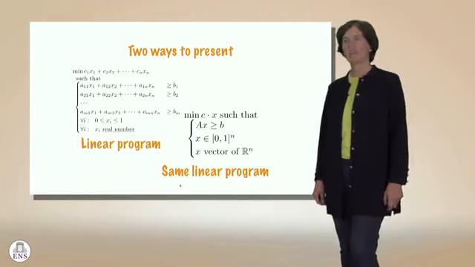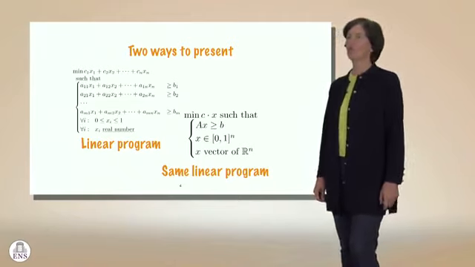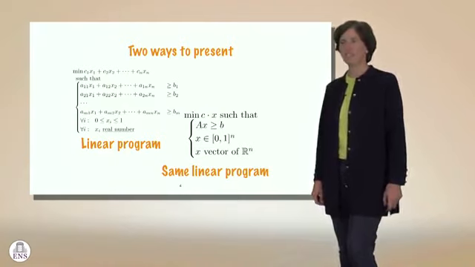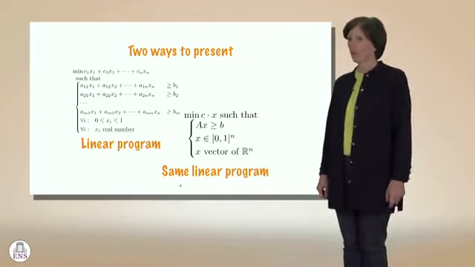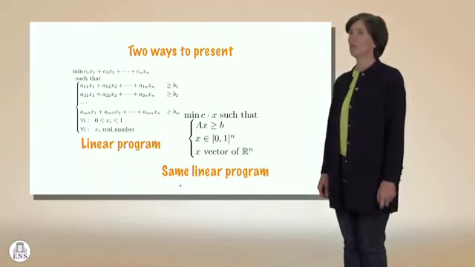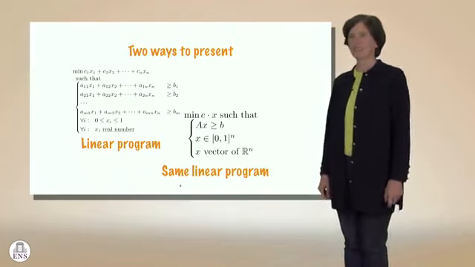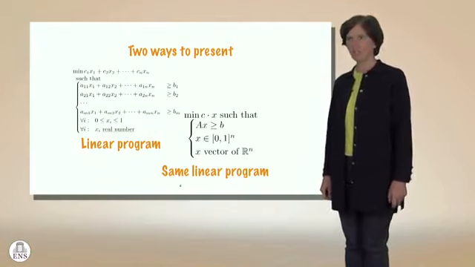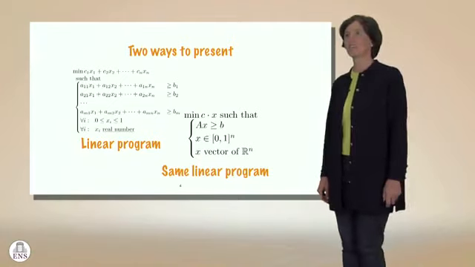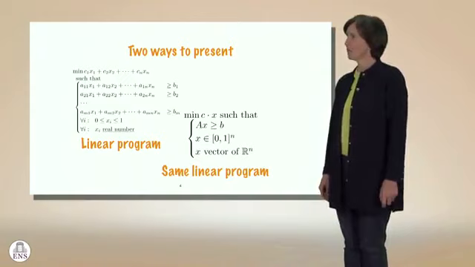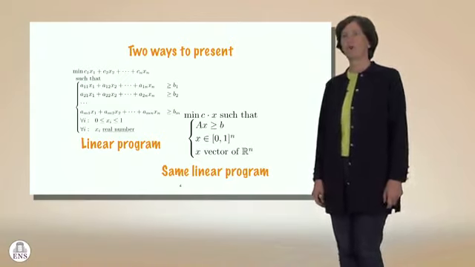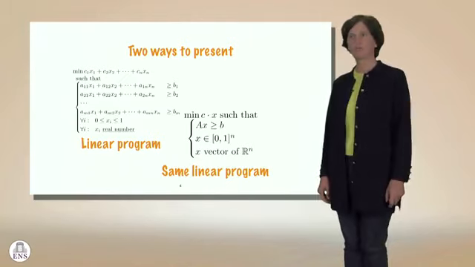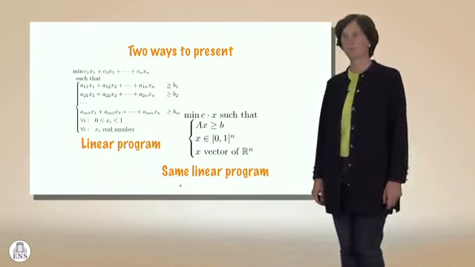What is x? x is also a vector in Rn with coordinates x1, x2, xn. What is the dot product of vector c with vector x? It is c1x1 plus c2x2 plus cnxn. So by writing c dot x, we just have a more compact notation for the same objective function.